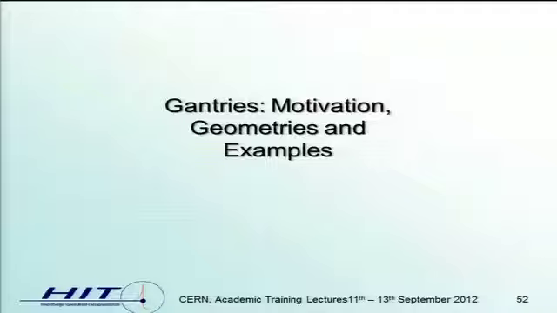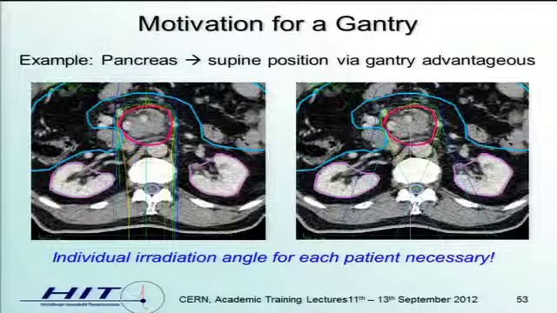But what is the motivation to bring the beam from different sides into the patient? I have only one example here. These are pancreas tumors. People who are a little bit familiar with this topic know that they are very dangerous and can lead to death within weeks and months. The problem is that they have a very delicate position.